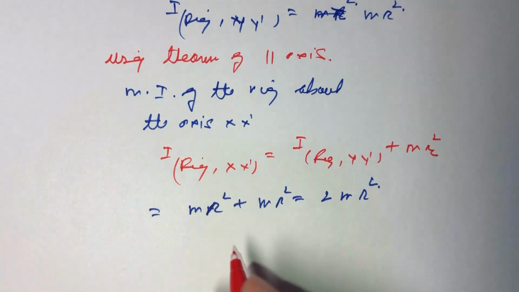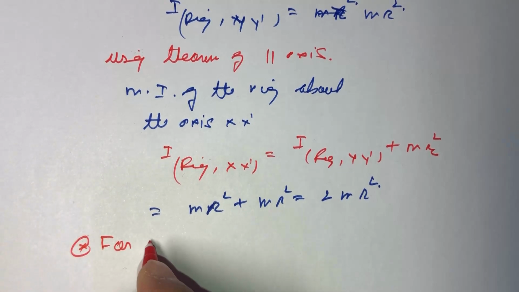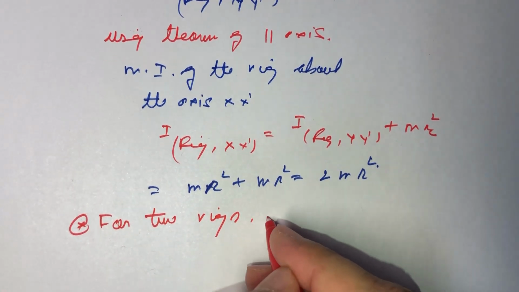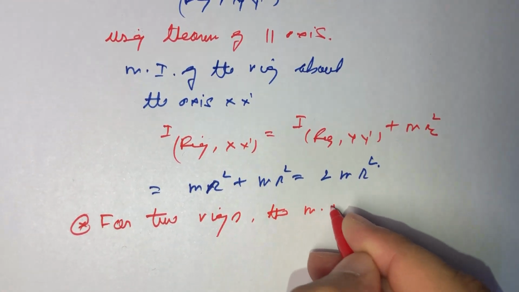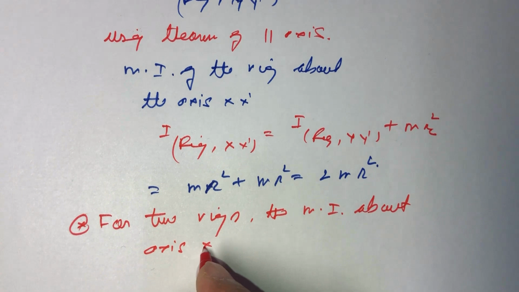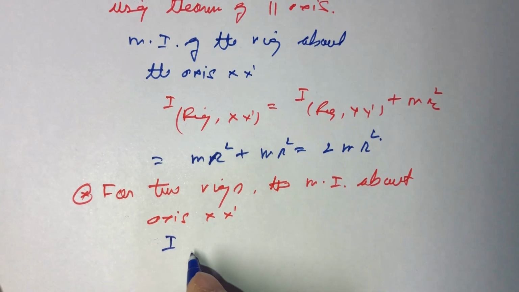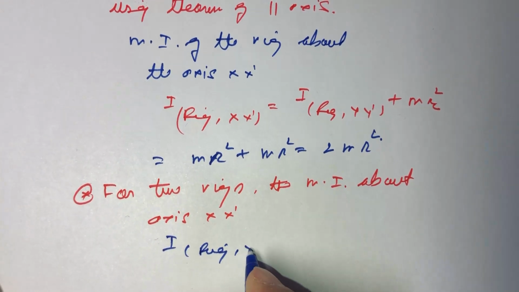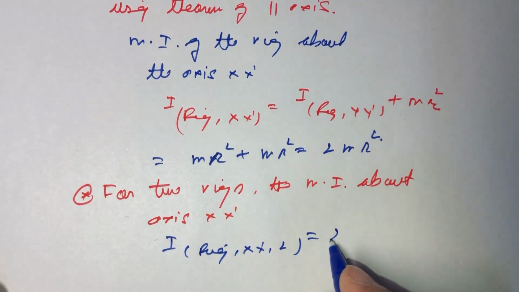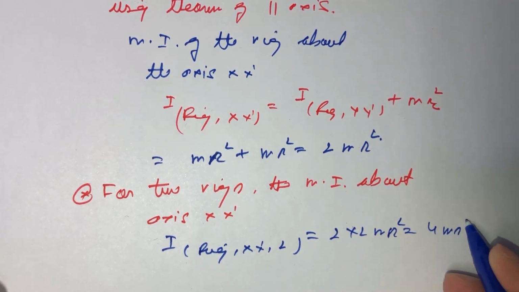So for both the rings, as the rings are symmetrical, for two rings the moment of inertia about axis x prime, let us suppose that is given as I ring about x prime for both. We can simply multiply this by 2 and we get 2mr square times 2, which gives us 4mr square.